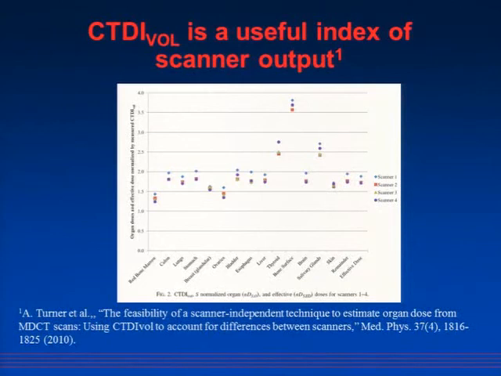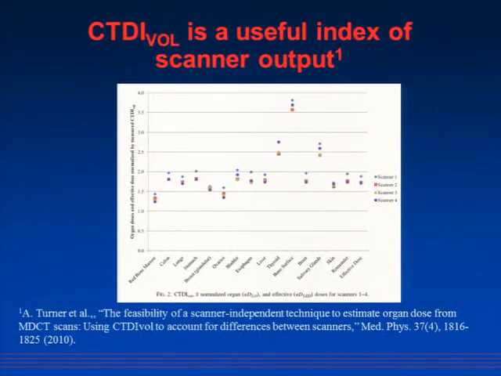Where I find this to be useful is when you buy a different scanner, a different brand. What we used to do in the past is try to set everything up and make the tube currents the same, and the images would look quite a bit different from each other. But that's only because some scanners require a lot more tube current for the same output as others. There are a lot of reasons for this: tube angle, the design of the tube, and also the design of the bow tie filter.